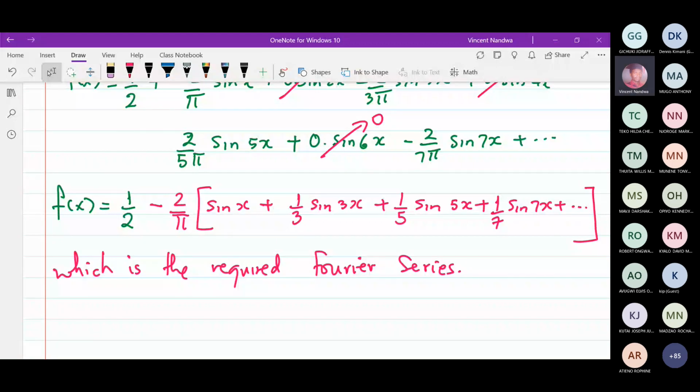Have we exhausted all the parts of the question? We haven't. The last part was to find the value of the series.